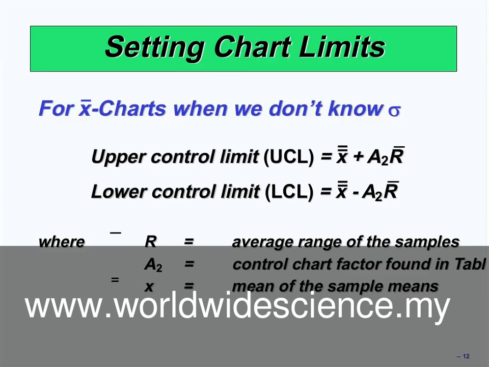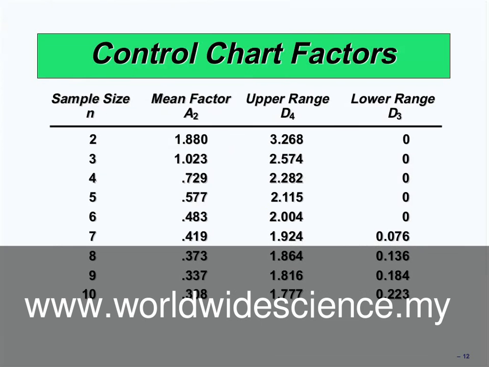The table tells you, if the sample size is n, A2 is the mean factor. For example, the mean factor should be 1.88. You should select A2 from the table with regard to the sample size. For example, if the sample size is 9, the mean factor is 0.337.